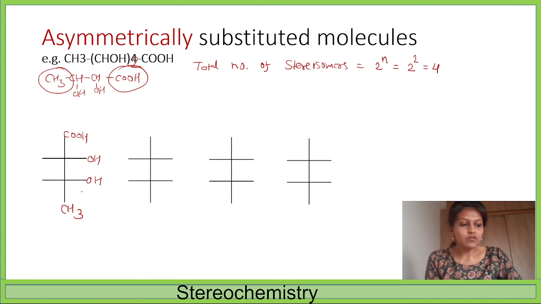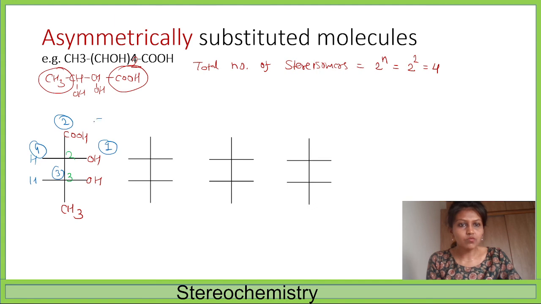Okay, suppose we assign configuration at carbon number 2 and carbon number 3, right? So at carbon number 2, we can say that the OH group is on the right hand side. So first of all OH is given number 1 priority, after that COOH is given number 2, then CH is 3, and this is hydrogen, so this is given number 4.